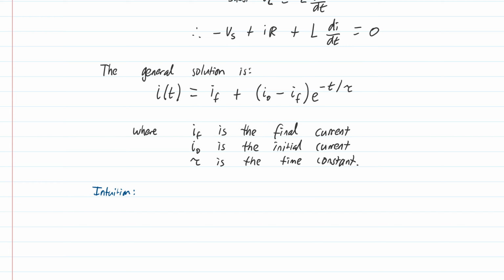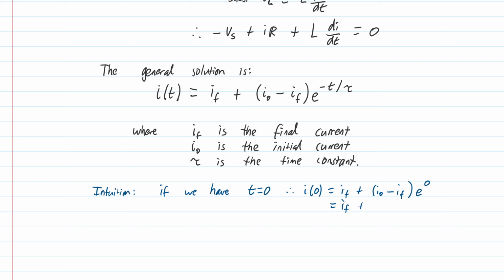So our intuition here is if we have t equals 0 and I substitute that in, then I of 0 will be, let's sub it in, I final plus I naught minus I final times e to the 0, and of course e to the 0 is just 1, so the brackets just go away.